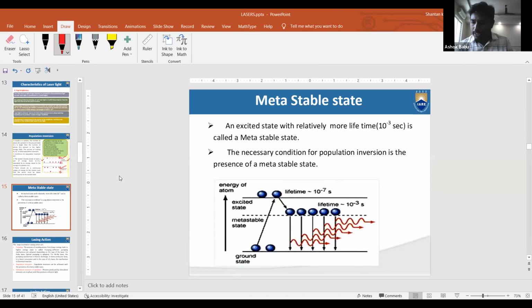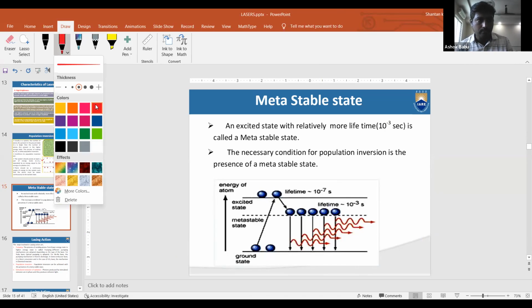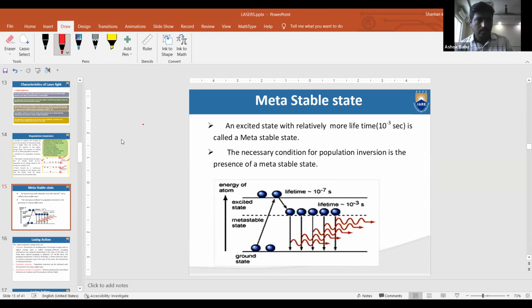For example, take three energy levels, E3, E2 and E1. Initially, the atom stays in the ground state.